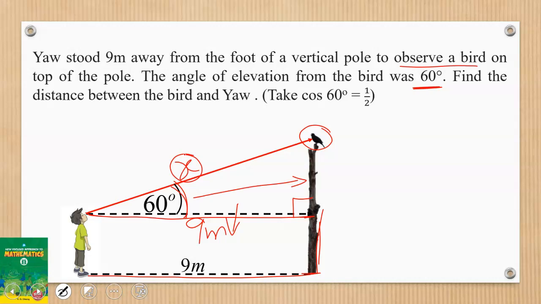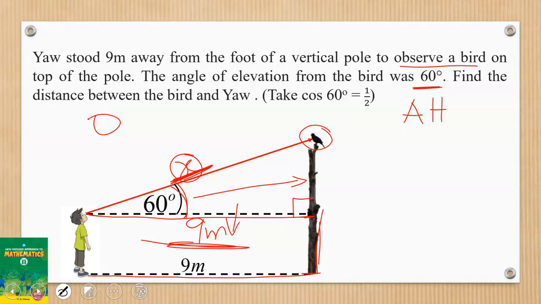We have to find the hypotenuse and we have the adjacent. We don't have the opposite, so we can't bring O into it.